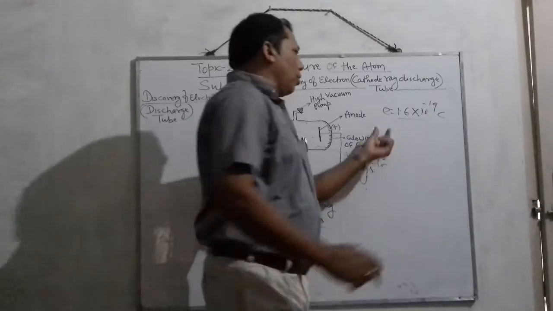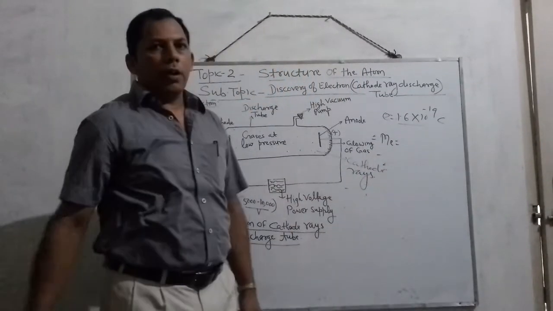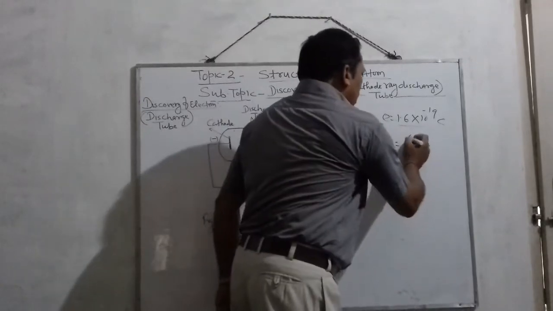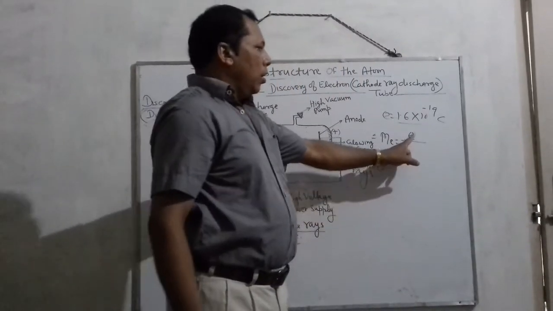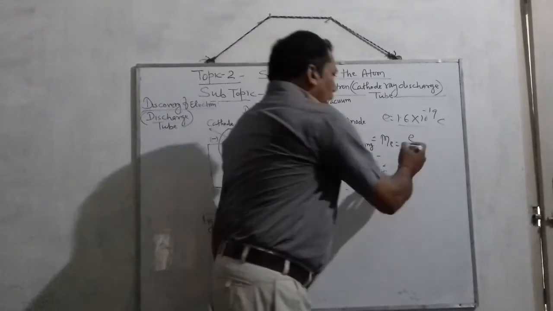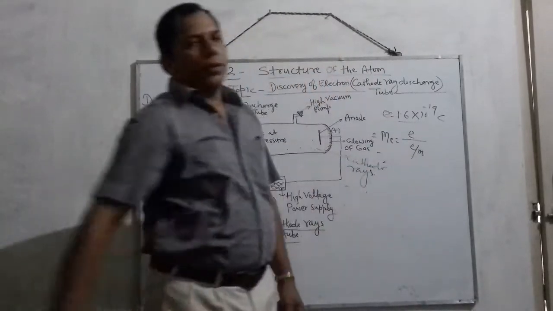The mass of the electron is defined using the formula: charge of the electron divided by the charge mass ratio.